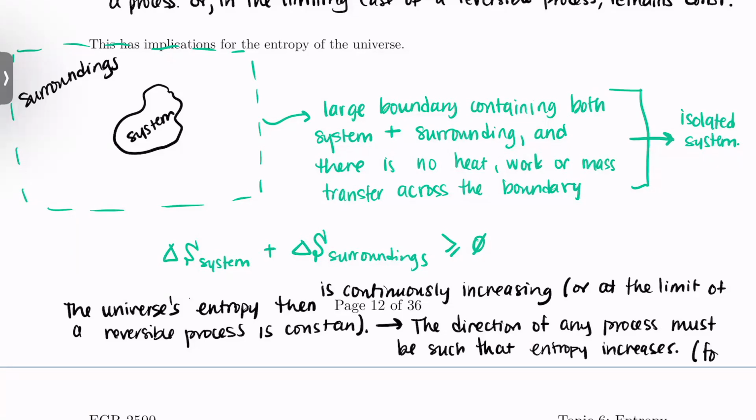And this is for both the system and surroundings. Where that entropy increase happens, whether it's in the system or the surroundings, doesn't necessarily matter. You could have your system decreasing entropy, but that's going to transfer to the surroundings, right? So considering both system and surroundings, entropy needs to increase overall.